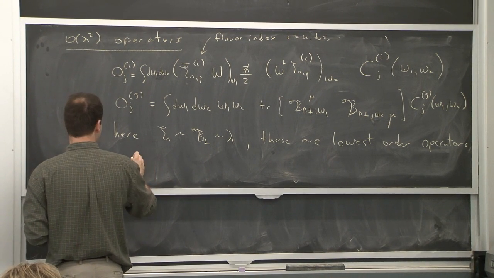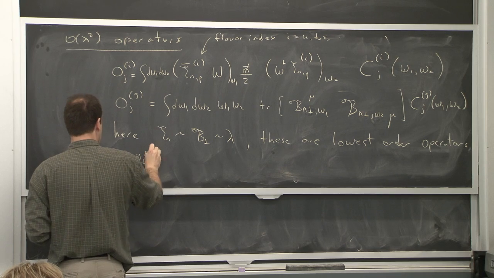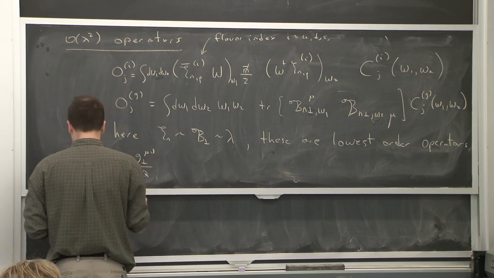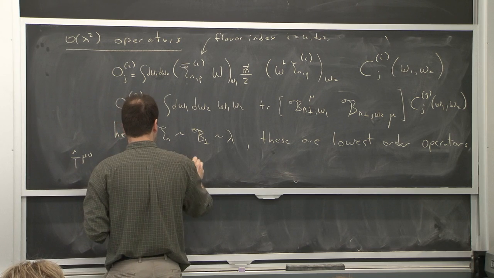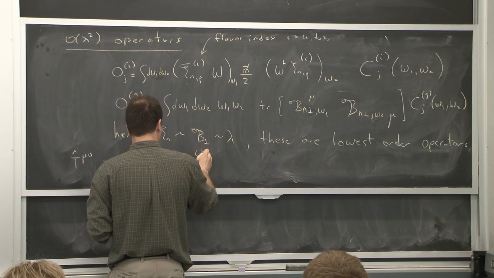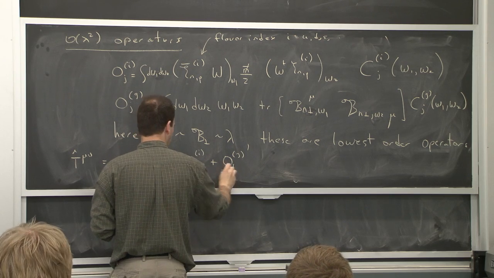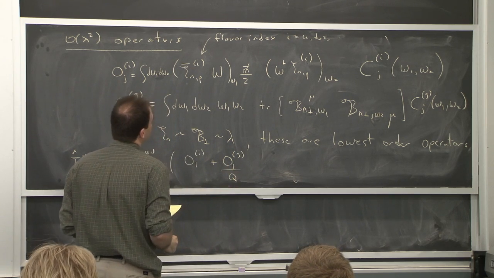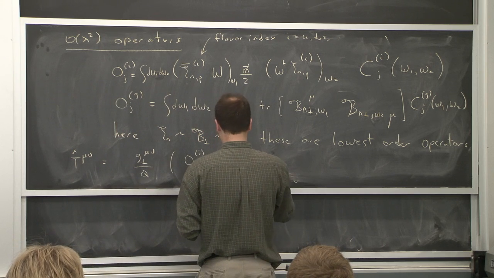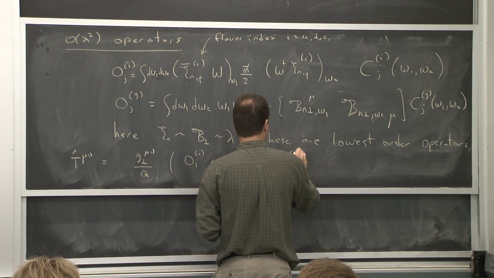So when we think about doing a similar kind of decomposition in the effective theory, we can write it as an O1 and an O2, and I think if I'm getting my mass dimensions right, it looks like this.